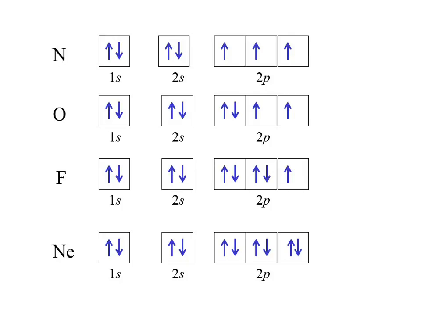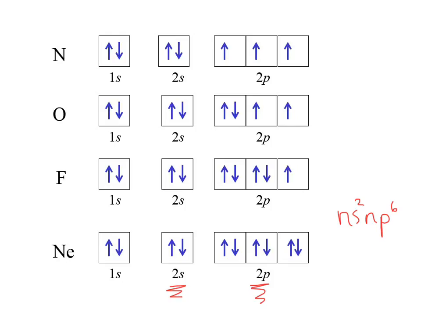And we'll be talking more about this, but you probably learned before the whole magical octet, the ns2 np6, where we have 2 electrons in 2s and 6 electrons in 2p.